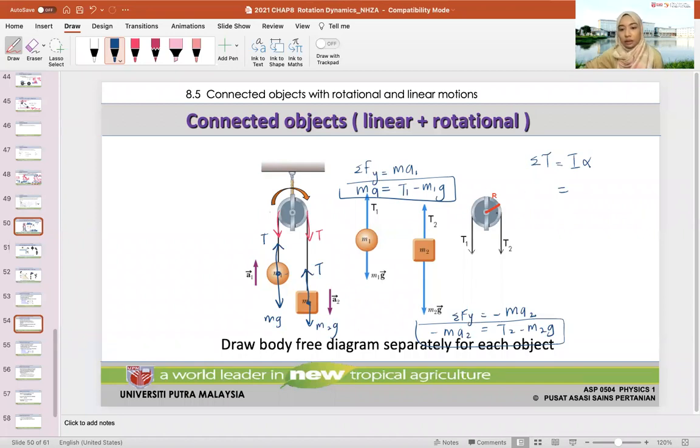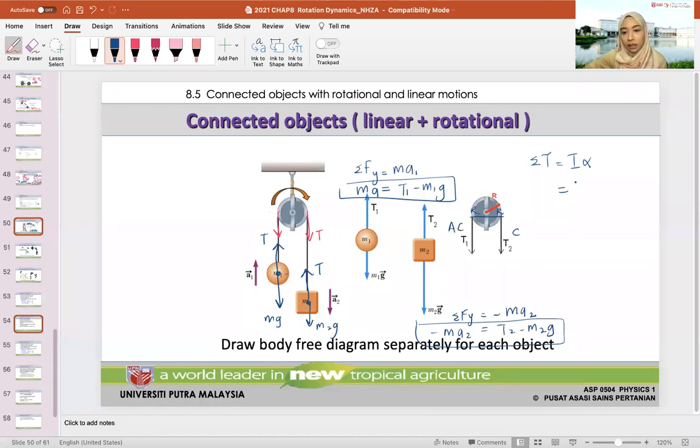So here, I have two tensions. Both have the same radius R and R. So assuming that they are completely different, one is pulling to the right and one is pulling to the left. The one that is pulling to the right will give me clockwise rotation. The one that is pulling to the left will give me anti-clockwise rotation.